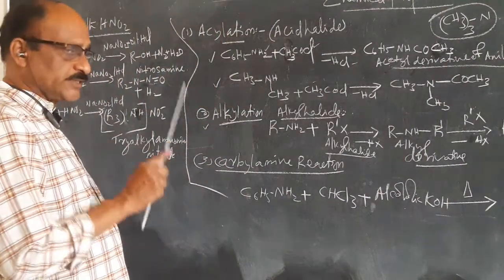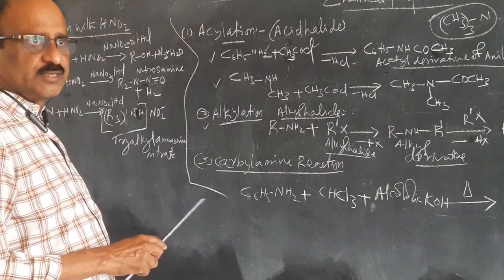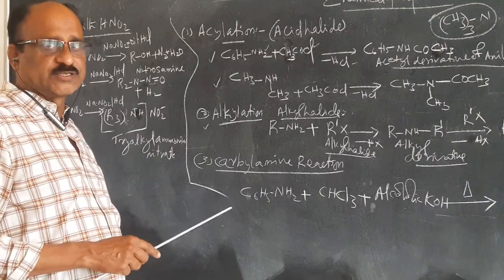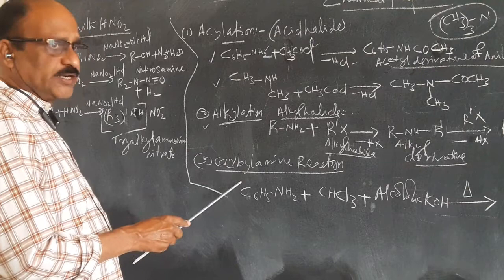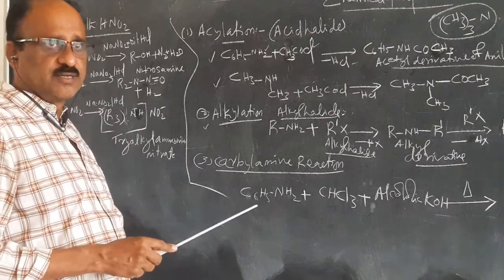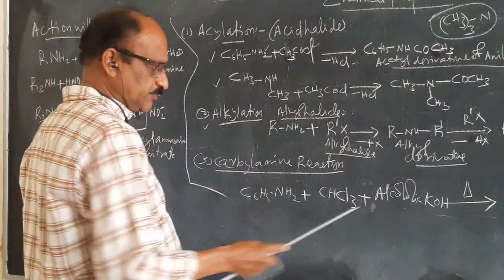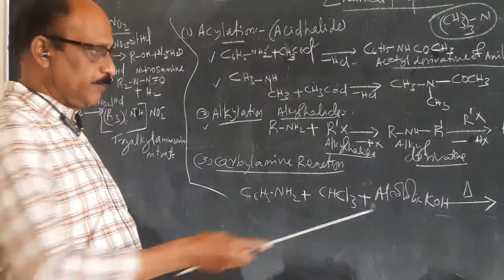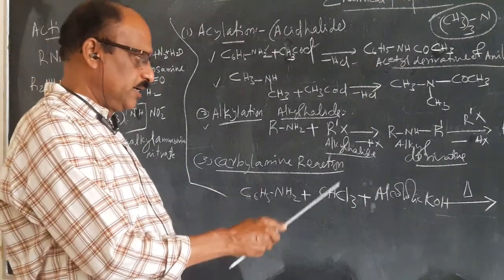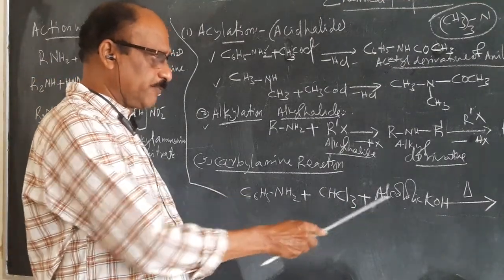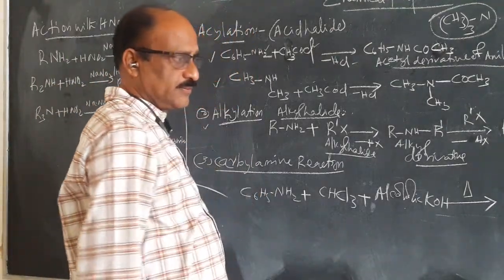The third important reaction is exclusively a reaction of primary amine, used to distinguish between primary, secondary and tertiary amine. There will be a question like that. This reaction is a distinguishing test, in which the primary amine reacts with chloroform and alcoholic potassium hydroxide in presence of heat, and you are getting an isocyanide.